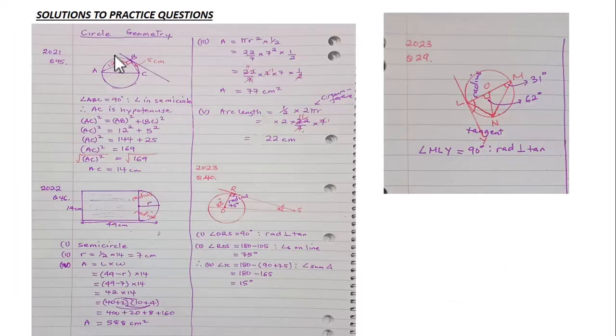Okay, so AB is 12, BC is 5, and they ask us to find the length of the diameter AC.